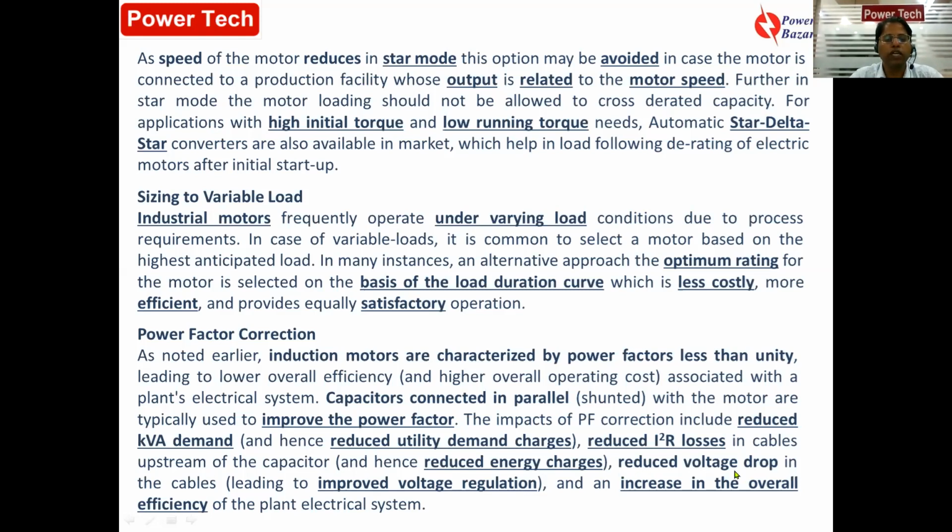That means reduced voltage drop in the cable, and this will give rise to improved voltage regulation. Also, increase in overall efficiency because of the reduction in losses, reduction in demand charges, and improvement in voltage regulation will achieve overall profitability and overall efficiency of the total electrical system.